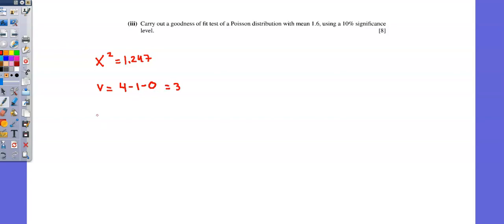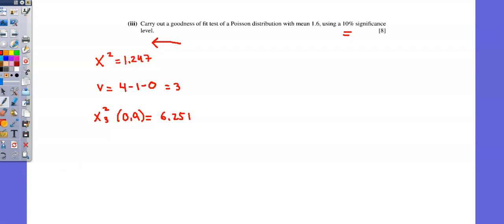Result is 3. So I will look up the critical value for chi-squared with degrees of freedom of 3. 10% significance per requirements, I'll use 0.9. The result is 6.251.